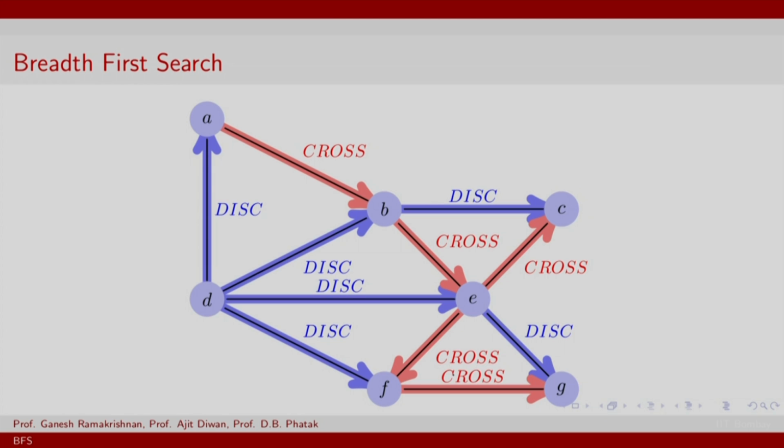So we know by observation that these discovery edges help you span all the nodes in this graph. So the blue discovery edges form a spanning tree. This is a spanning tree, there could be other spanning trees.